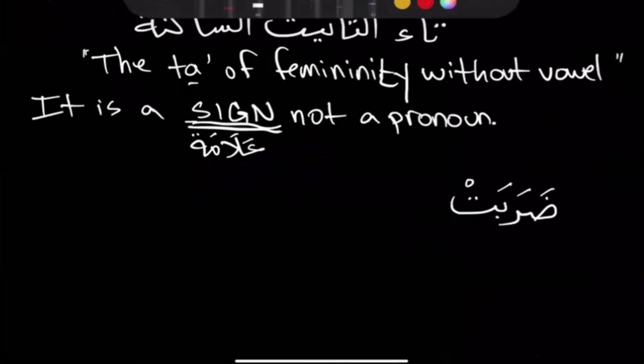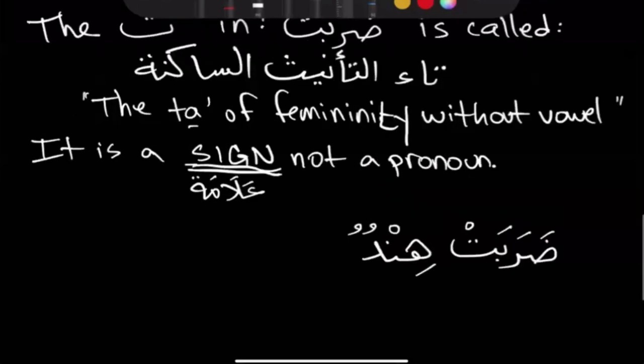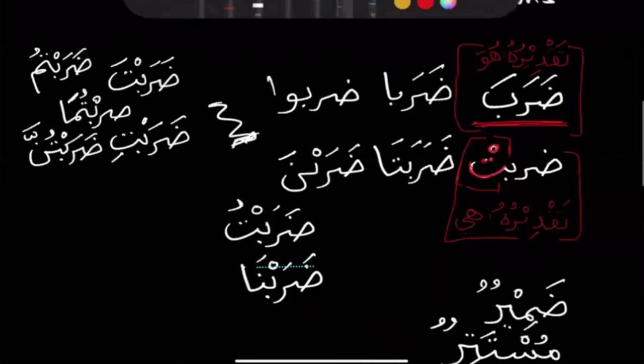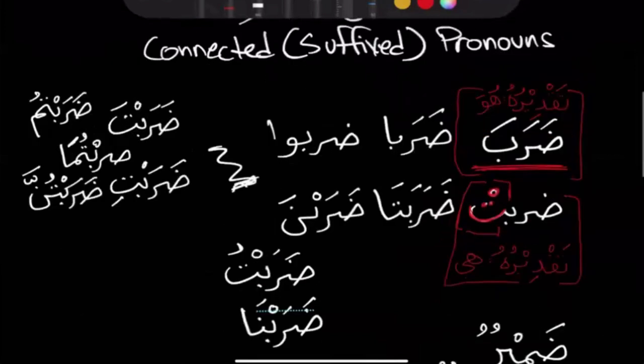So you can say darabat hindun. Hind struck. Now here is gone, just like we did with huwa. Or anything else feminine that fits there, you can put there. So now we just covered here also. Up here. Here, check.